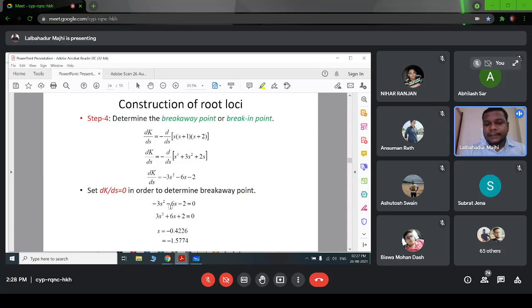So we are getting two values of s. One is minus 0.4226 and one is minus 1.5774. So we are getting two candidate points, right? We have to check which one will be our breakaway point, or whether both will be.